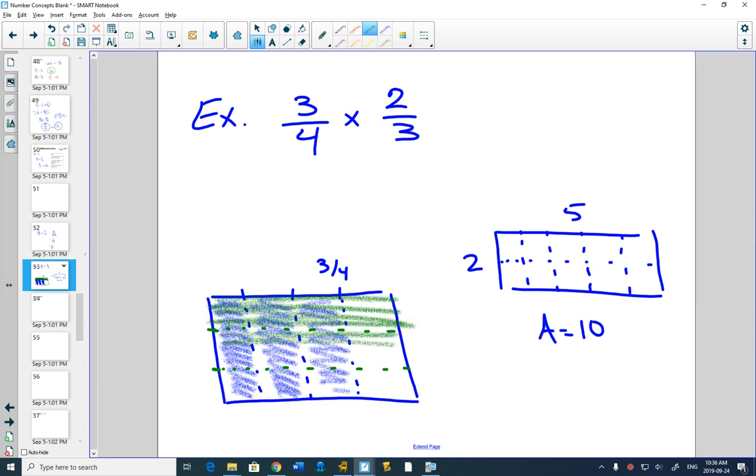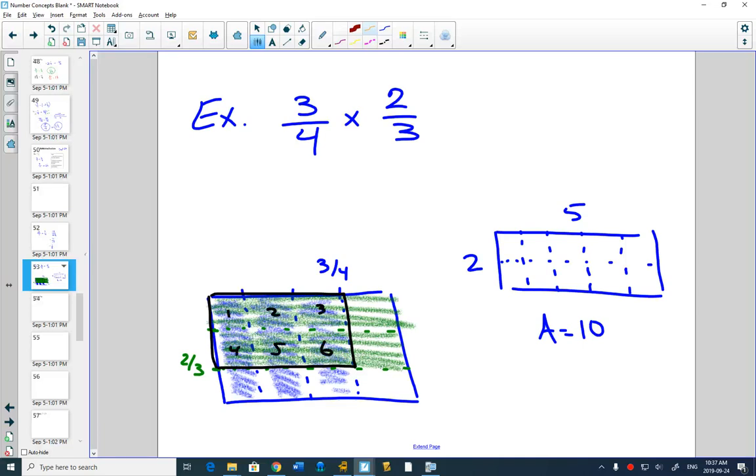That would be 1/3. That would be 2/3. This would represent 2/3. If I wanted to find something that was 2/3 by 3/4, it would make this smaller rectangle. How many pieces are in that smaller rectangle? There's 6 pieces. 1, 2, 3, 4, 5, 6.